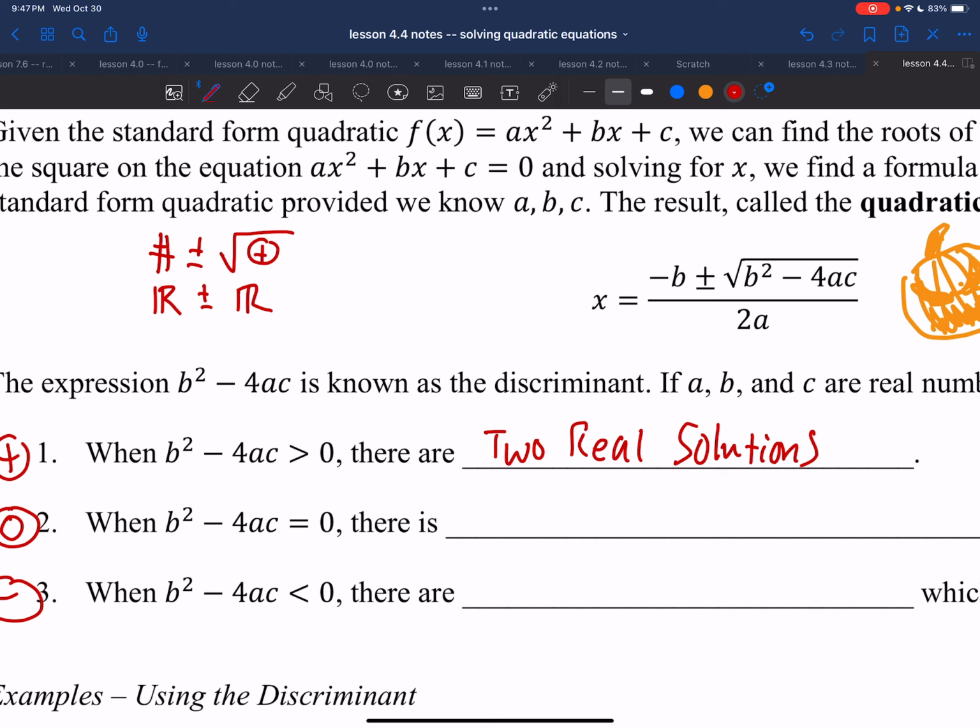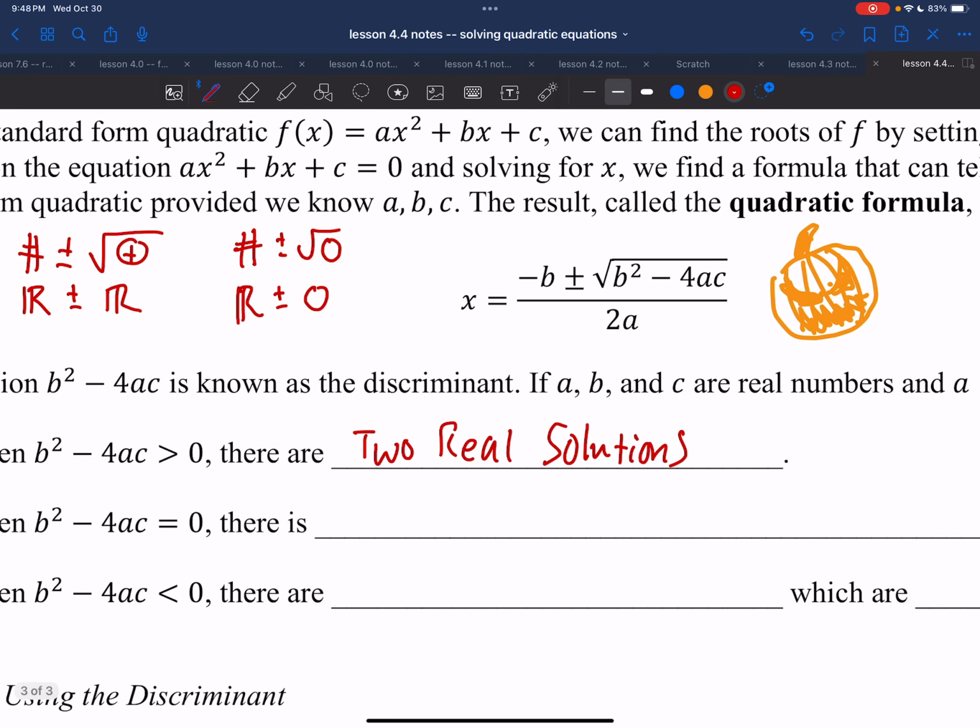If it comes out to 0, so now it's a number plus or minus the square root of 0, then that means it's a real number plus or minus 0. But if you take a number and add 0, so x plus 0, well, that's just x, and x minus 0, well, that's just x. So that means you get the same thing. The number doesn't change, right? 0 doesn't do anything. And so you wouldn't really say you'd have two real solutions.